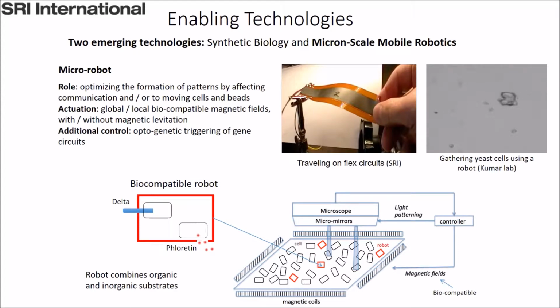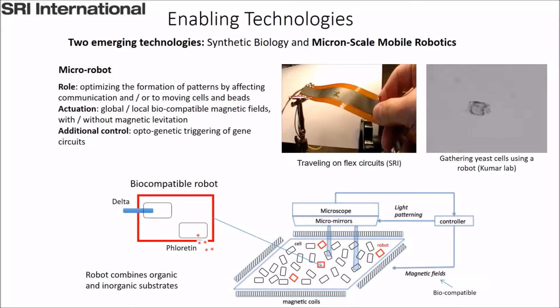The micro-robots combine organic and inorganic substrates. They can interact with cells in culture through direct contact or through diffusible molecules. One of the main challenges in this project is to determine time instance and locations of robot interventions to optimize the formation of global patterns.